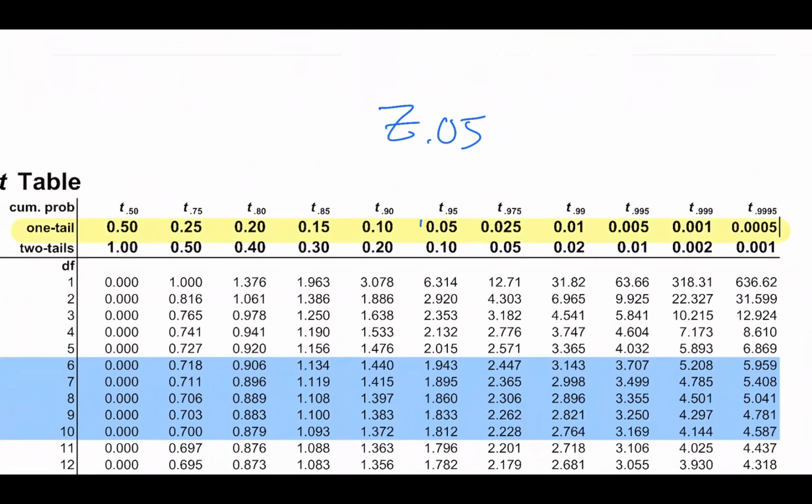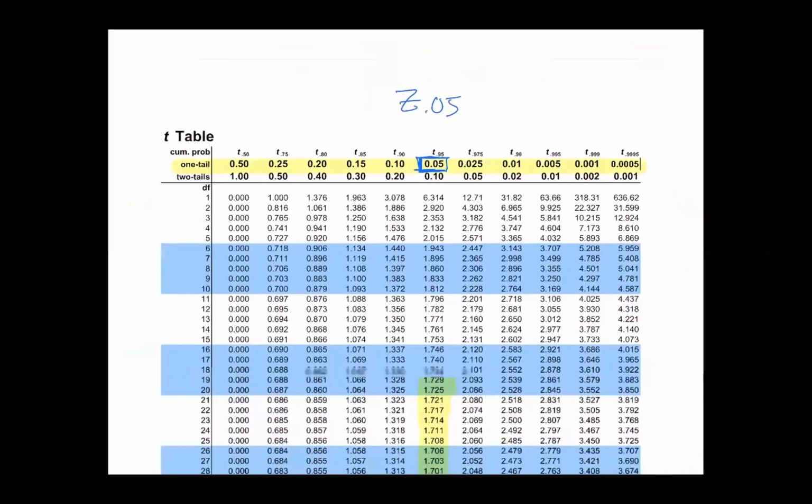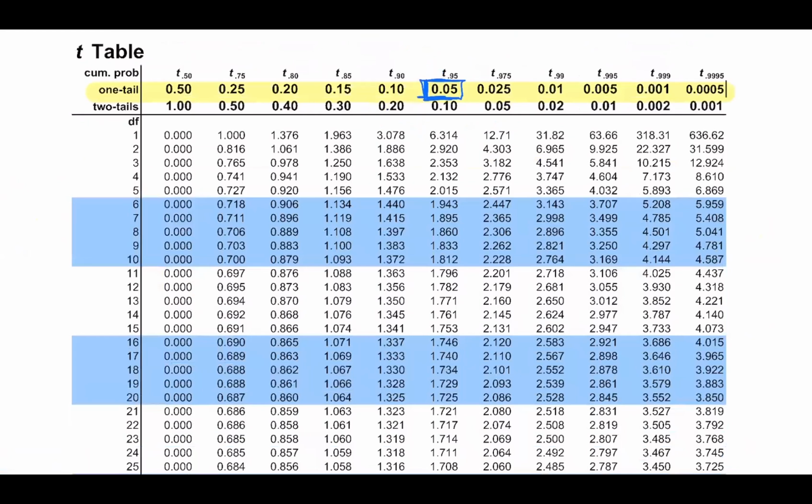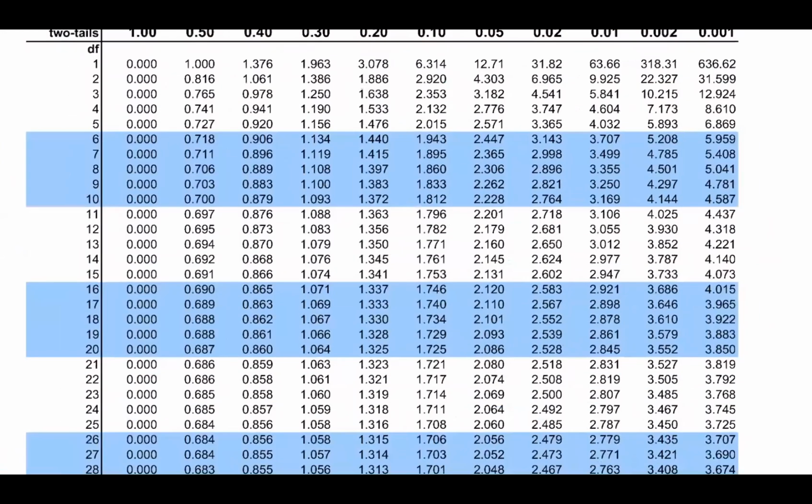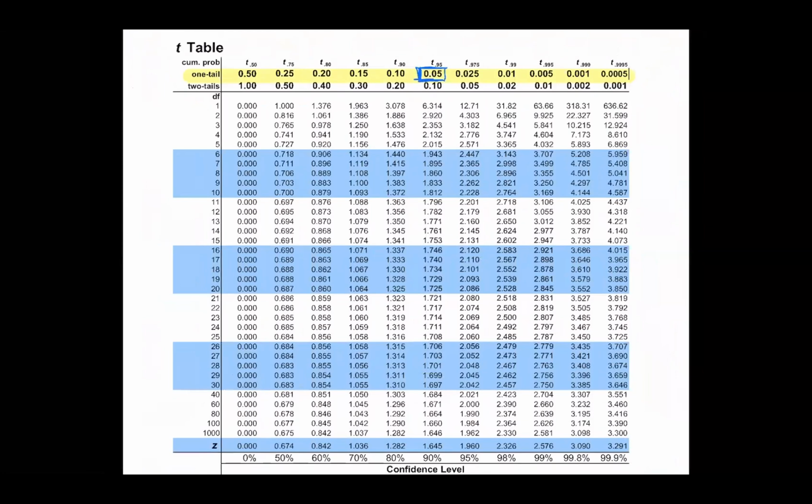So here you go, 0.05. So since that's where I found 0.05, that means I'm going to select that entire column. So that means we're going to go all the way down.